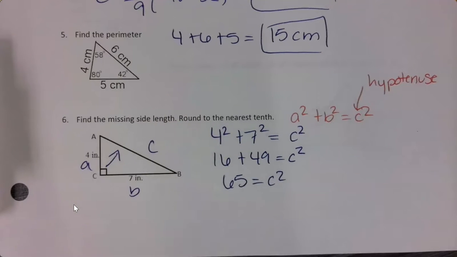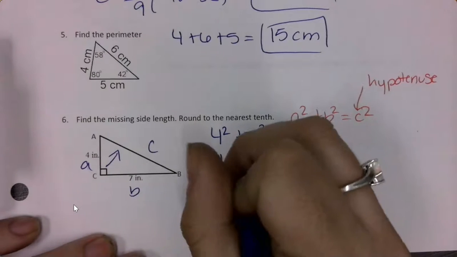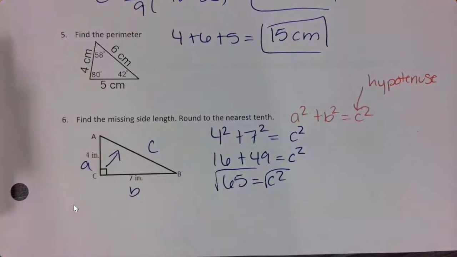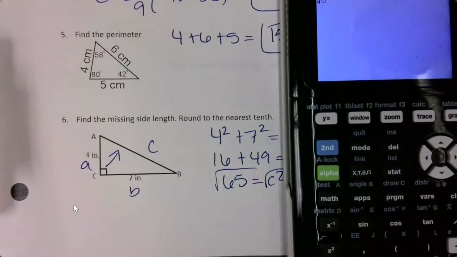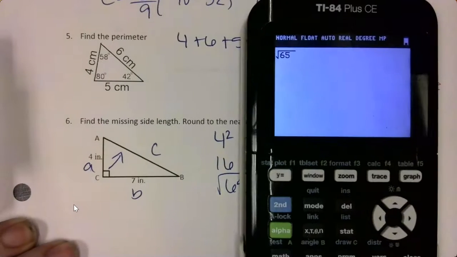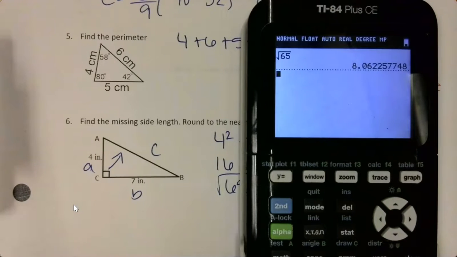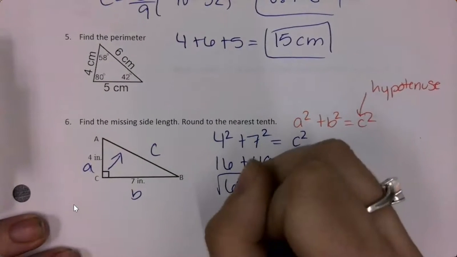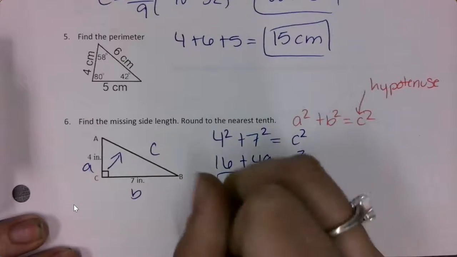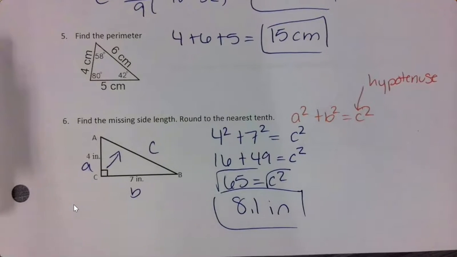Then I can go ahead and square root both sides. So I can type this into my calculator. I go second and then the x squared button, and then type in 65, which gets me 8.06. It wants it to the nearest tenth, so this is going to get me 8.1 inches for my final answer.